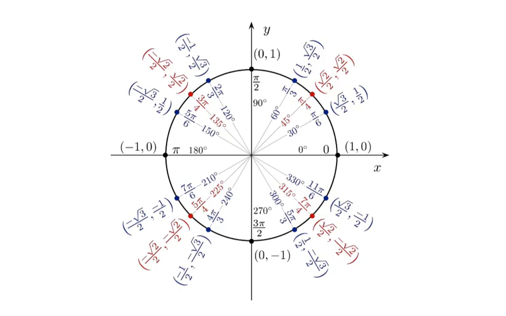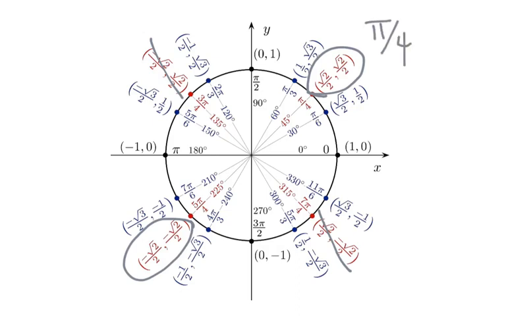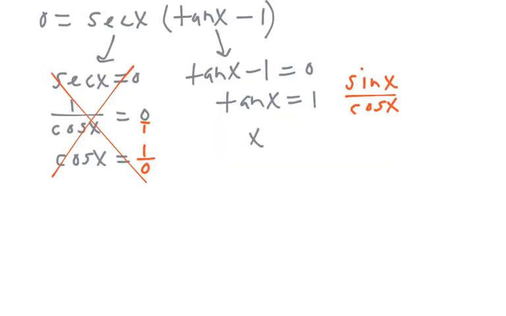So we know it's going to be one of the root 2 over 2s in quadrant 1. They're both positive root 2 over 2. Here they're not the same sign. Here they're both negative, and here they're not the same sign. So it looks like pi over 4 and 5 pi over 4 are the two solutions we're looking for. So x equals pi over 4 and 5 pi over 4.